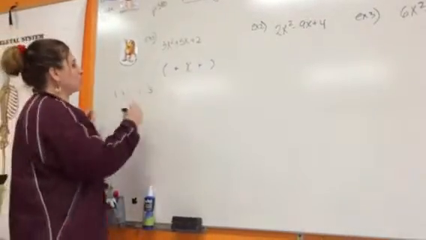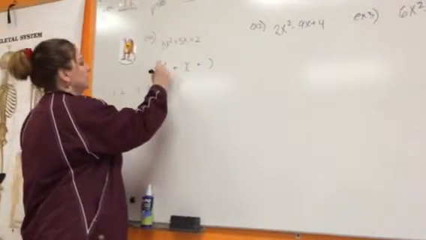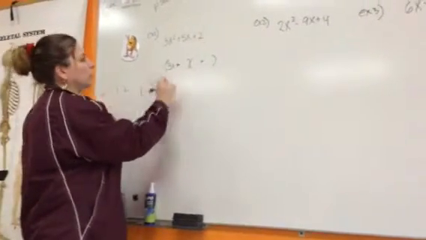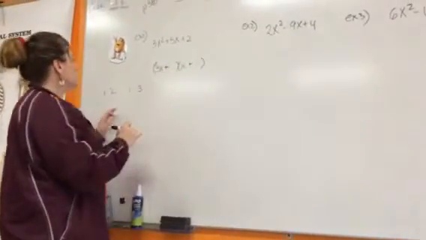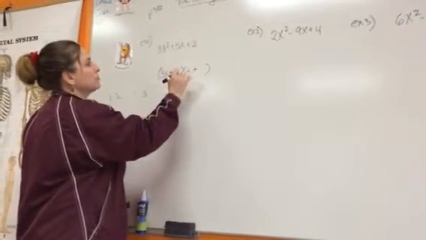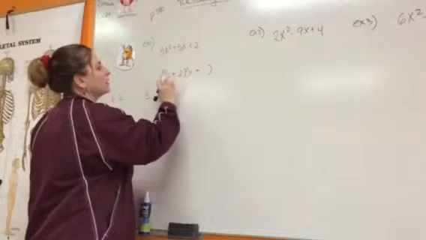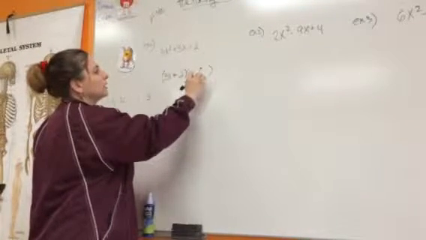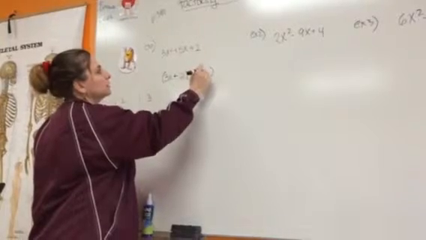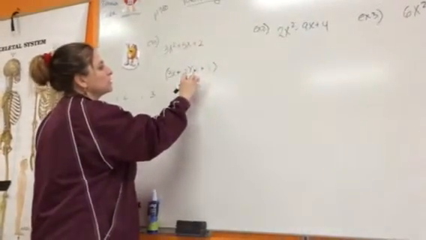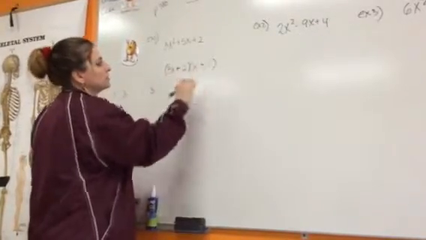That's what I want. So I'm going to take my 3 and put it with the 1, so 1x. And then my 2 goes with the 3x squared. 3x squared plus 1x plus 2x plus 2.